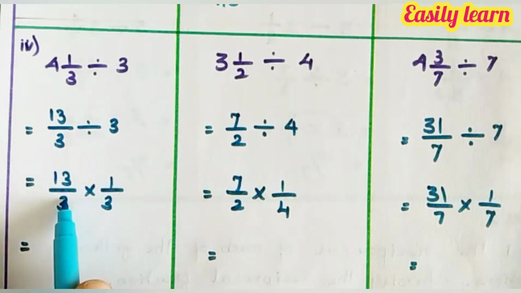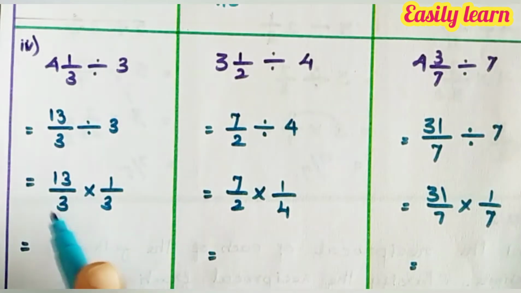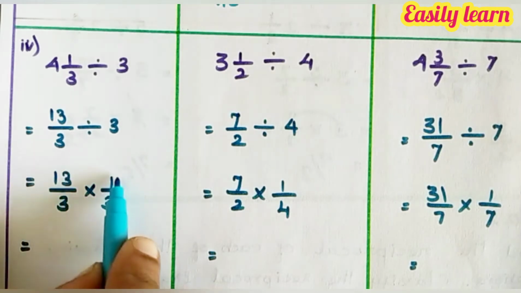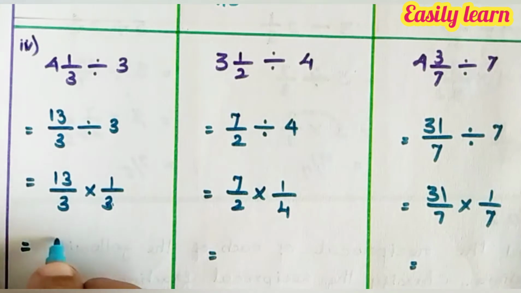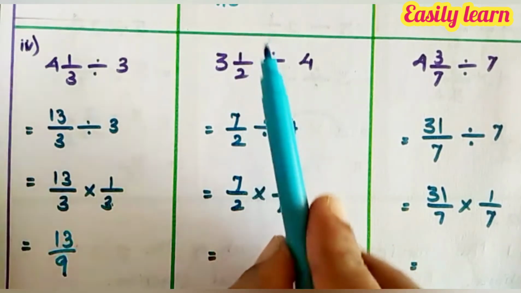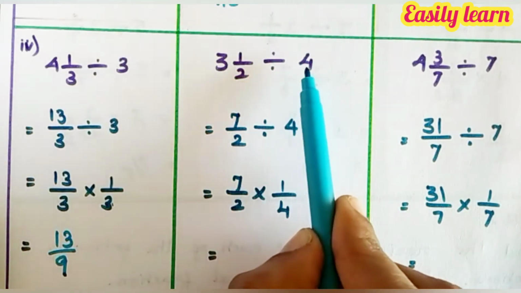So 13 by 3 into reciprocal is 1 by 3. இதை பார்த்தோன்னா நீங்கள் வேகமாக கேன்சல் பண்ணிடாதீங்க because both are in the denominator place. So you cannot do anything. So 13 into 1 is 13 by 9.